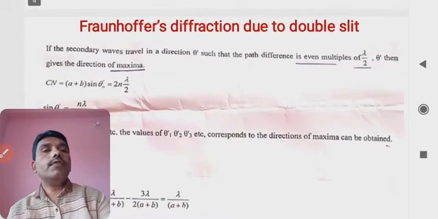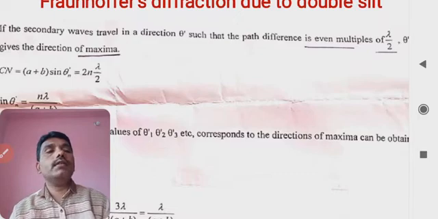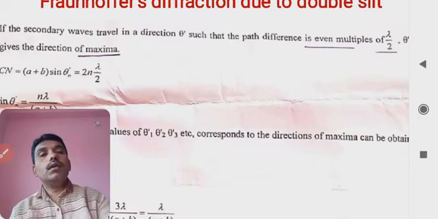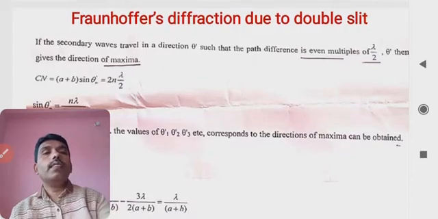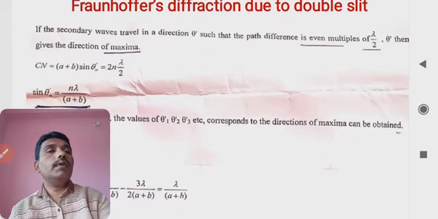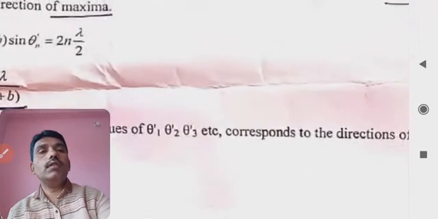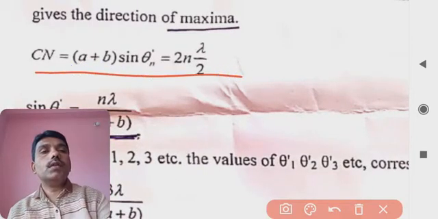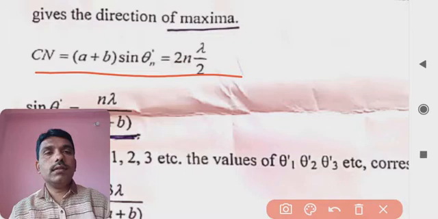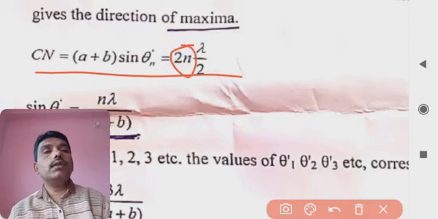If the secondary wavefront travels in the direction theta dash such that the path difference is equal to the even multiples of lambda by 2, then the bright maxima will be there. The path difference is Cn equal to a plus b sin theta dash n, that is even multiples, so 2n lambda by 2.